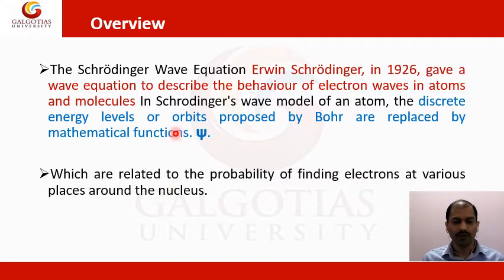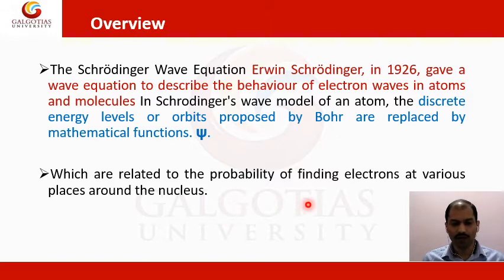Once you want to explain the nature of electrons, classically you do not have theories or principles by which you can explain the nature of small particles like electrons or protons living in the different orbits of the atom.